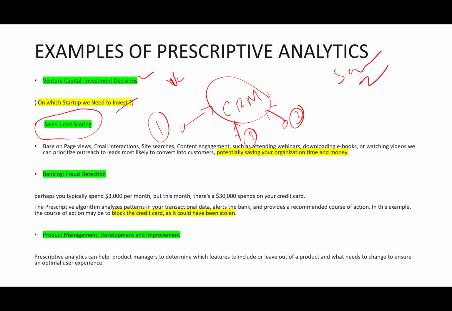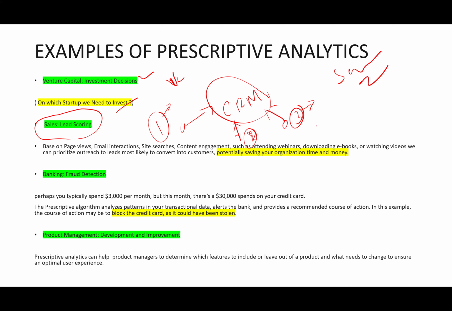Customer number 1 is visiting my website, going to my YouTube, opening my emails frequently, and his online engagement with my products is very high. Customer number 2 is averagely engaging. He will see only the website, but he won't go through YouTube and won't open the mails. Customer number 3 basically doesn't do anything.